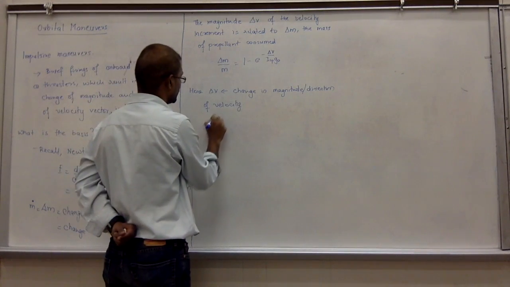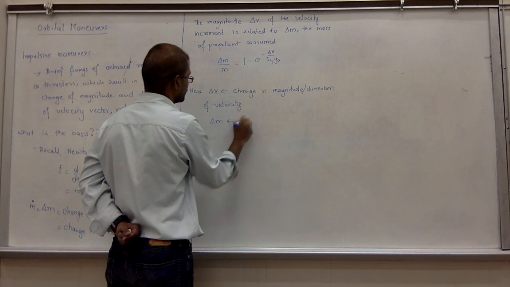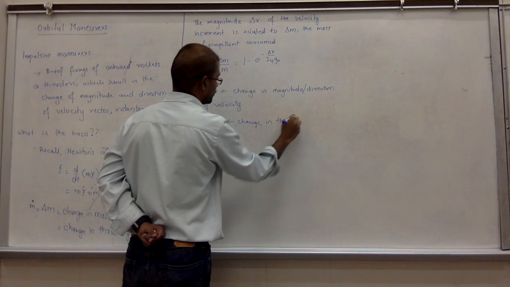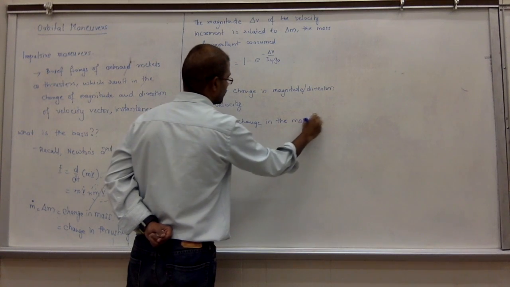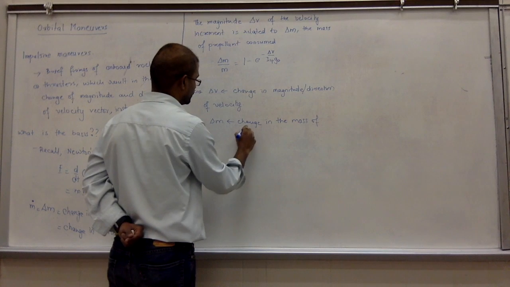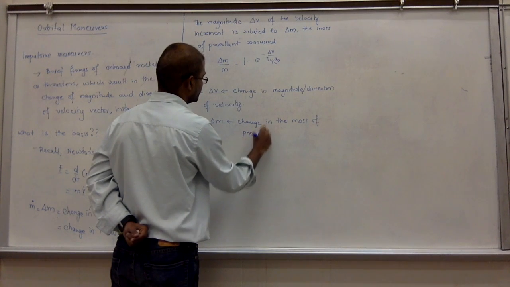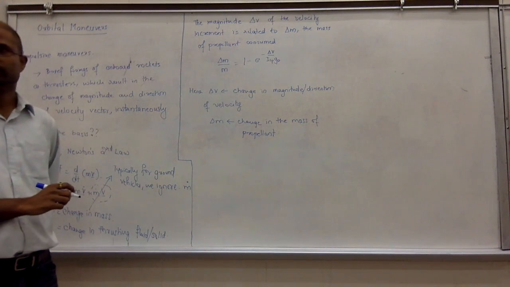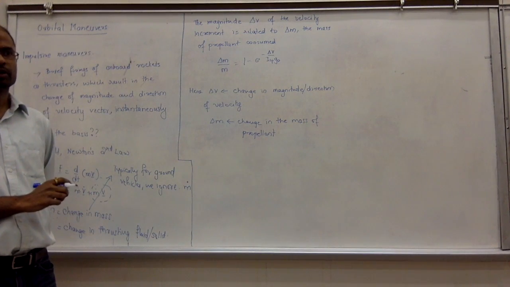And delta M is the change in the mass of propellant. You understand propellant, right? Most of you understand propellant? Does anybody not understand propellant?